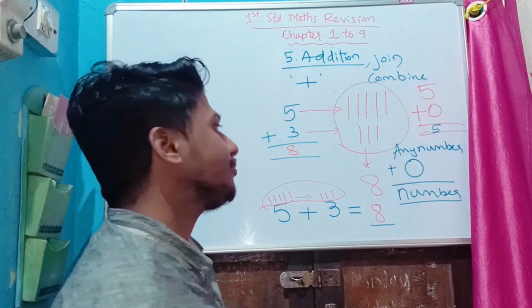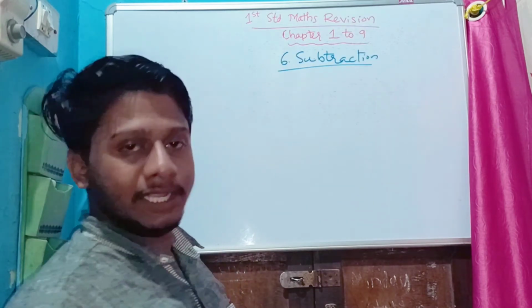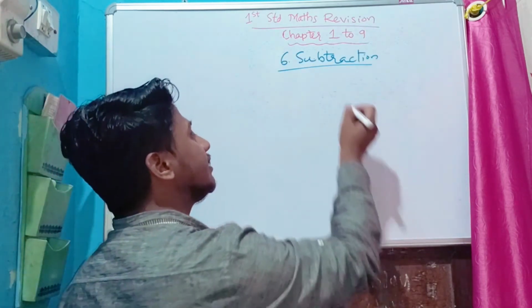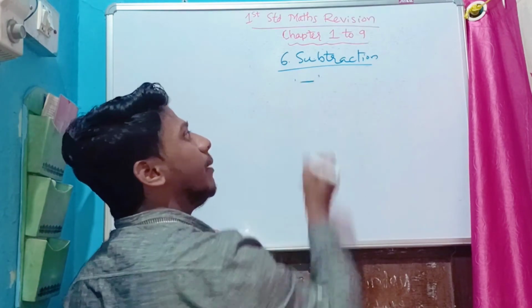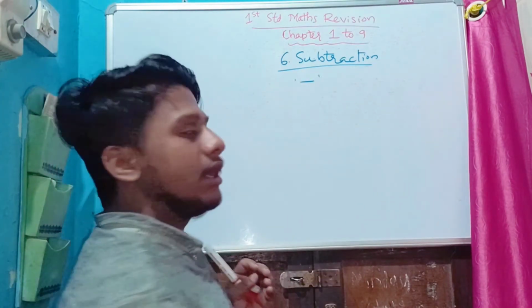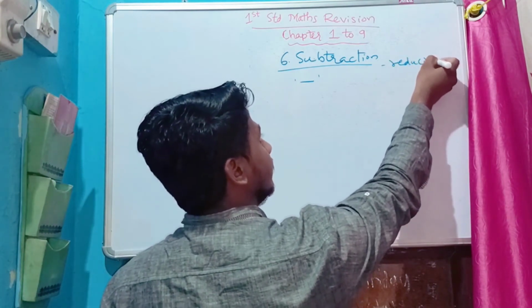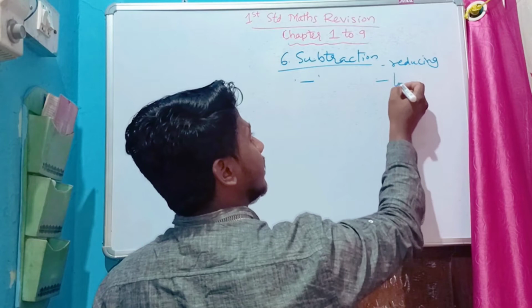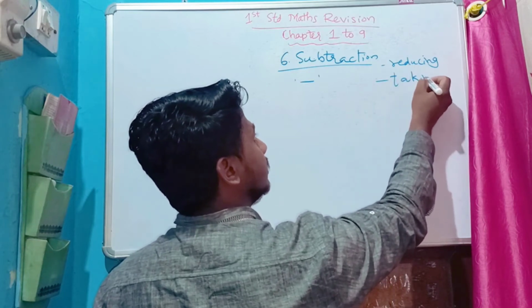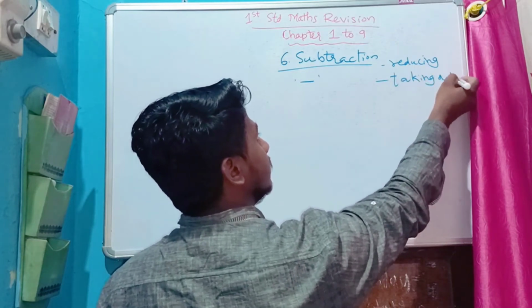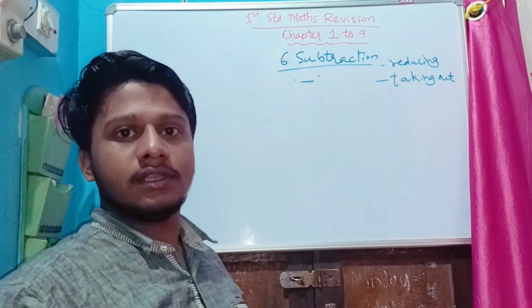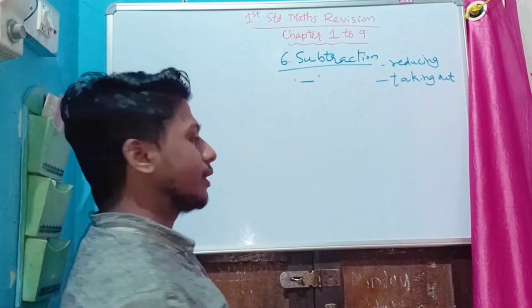Okay. Coming to the next chapter, that is subtraction. Here subtraction is represented using minus symbol. It refers to reducing, or you can say taking out. So let's say example. Okay.